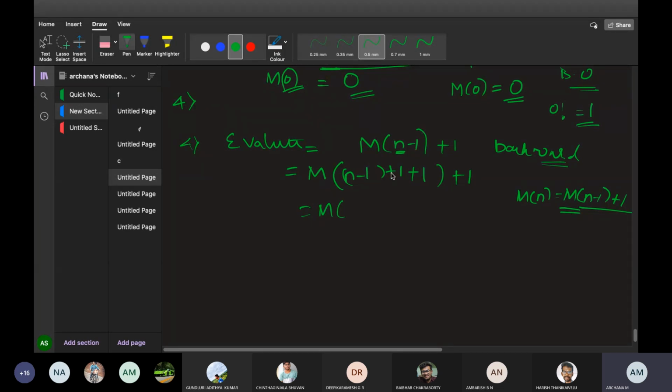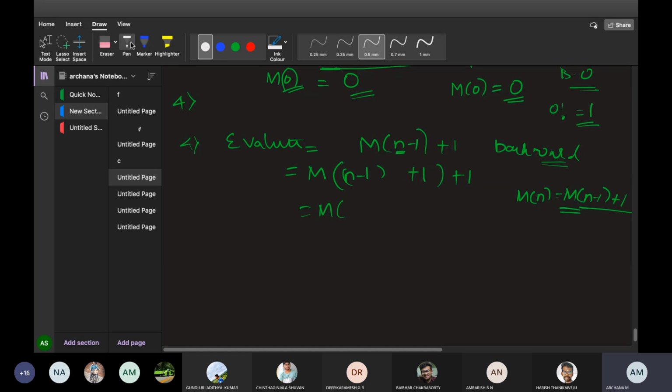Now look here. What would be the formula if I substitute here? This is minus 1, sorry. Wherever n is there, just substitute that formula, that's all.